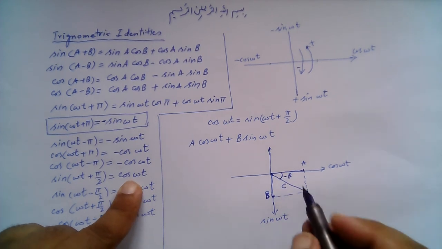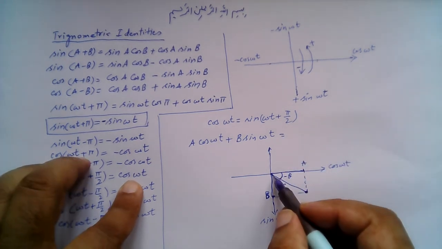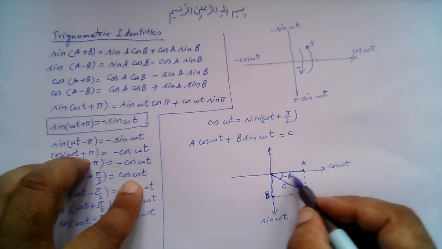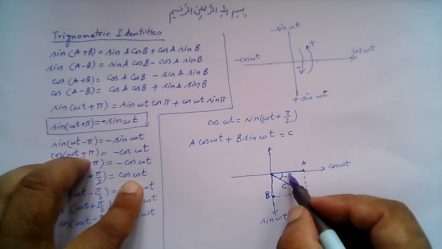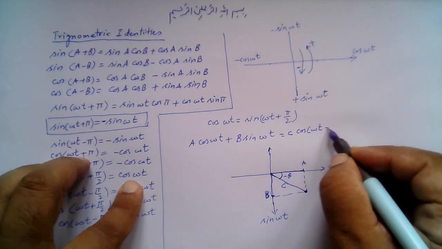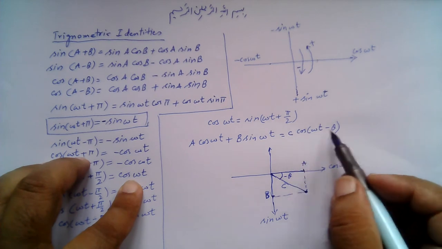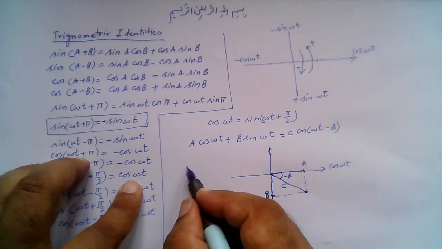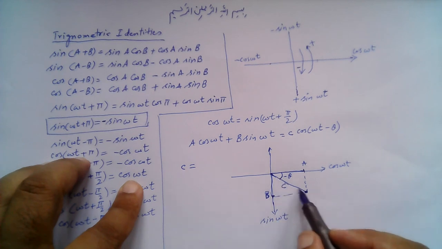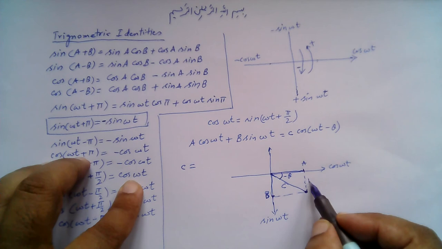So if you see, we can write it like this. This is equal to the magnitude of this c, and this is basically cos omega t minus theta, right? So we need to determine the value of c and theta. So c is equal to, if we see, this is a right angle here, so this is a and this is b here, right?